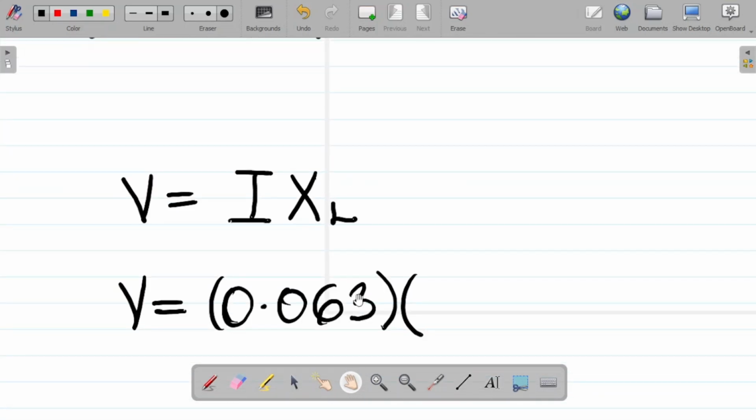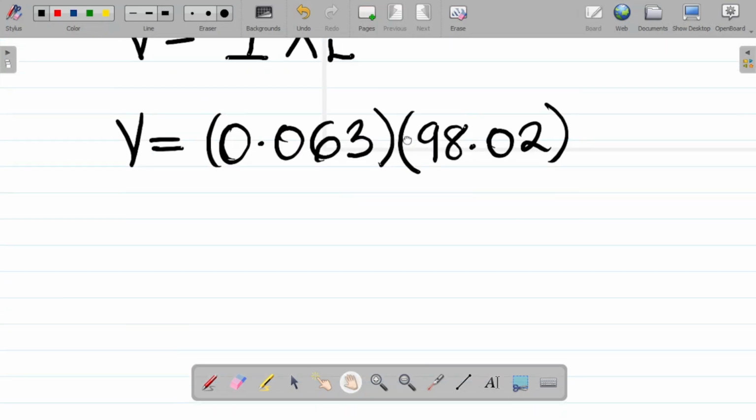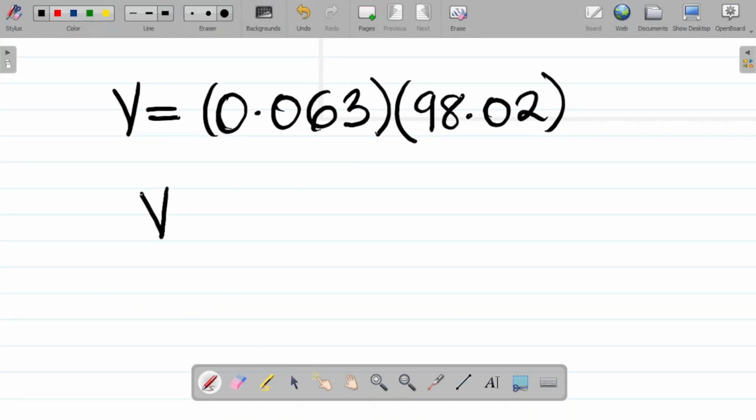Let's multiply this. The voltage across the inductor would be 0.063 multiplied by 98.02, and multiplying this, my value is approximately 6.18 volts. So basically, this becomes the answer to this question.